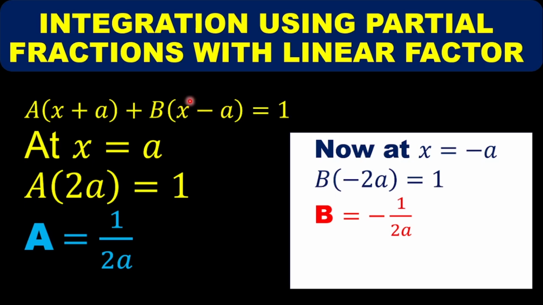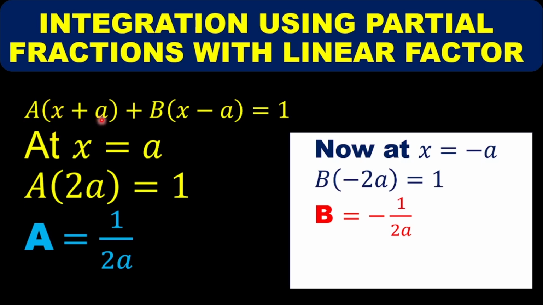So if I put a here, it becomes a minus a, that will be 0, and 0 times B will give us 0. So this one is gone. Remember, I said that wherever you see x, you put a there. That means in place of this x, we are going to put a.